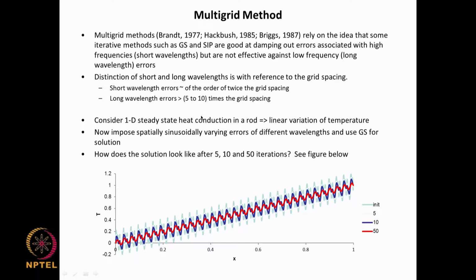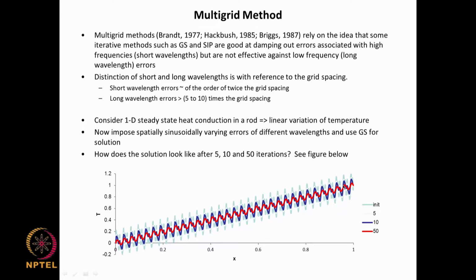So we illustrate the error damping properties of the Gaussian method by considering the example of 1D steady state heat conduction in a rod, so that you are expecting a linear variation, and this is the kind of linear variation that we are looking at. We have x going from 0 to 1 and T going from 0 to 1 as you go from x equal to 0 to x equal to 1.